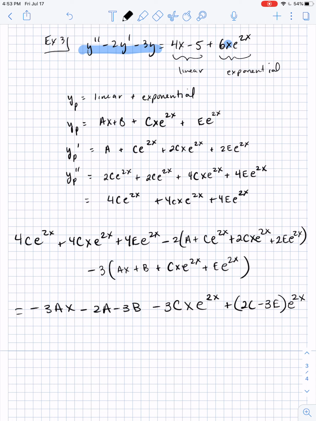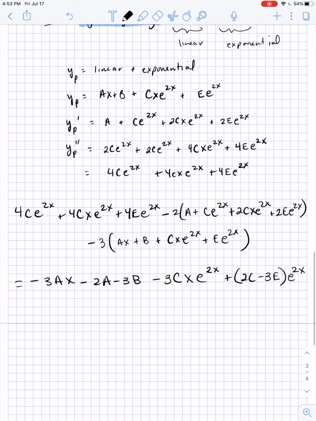All right, so when you're doing this, be careful on your simplifying. I think that's everything, unless I missed something. Just watch, and you can check my math. Let me know if I made a mistake.